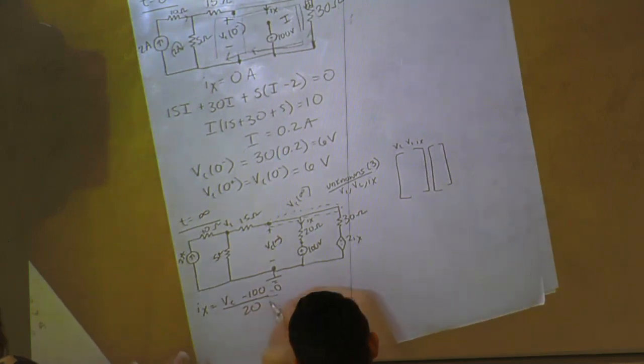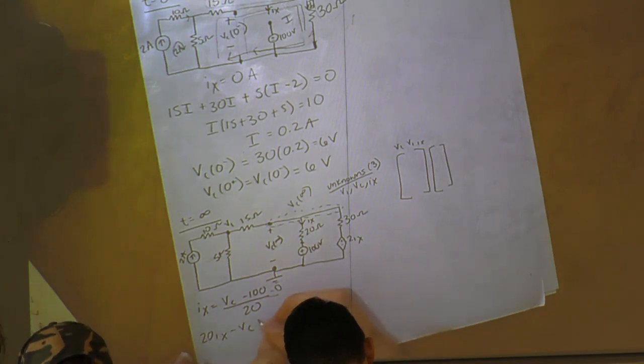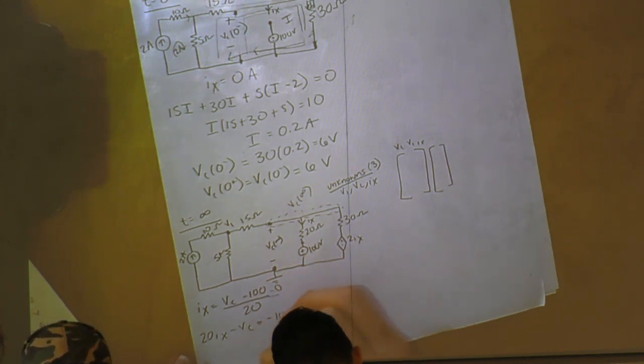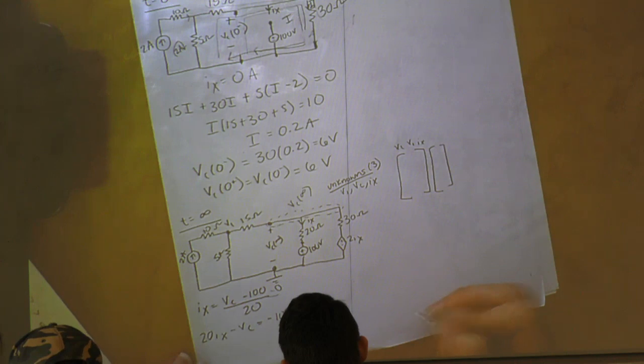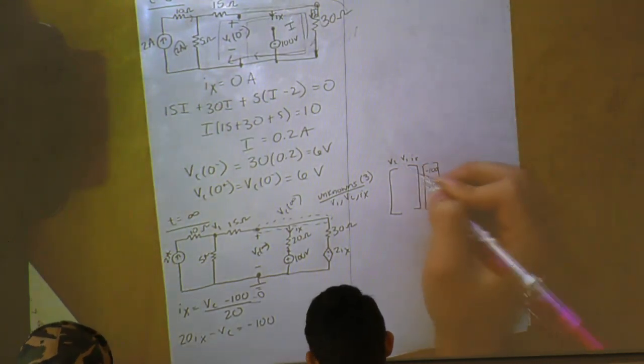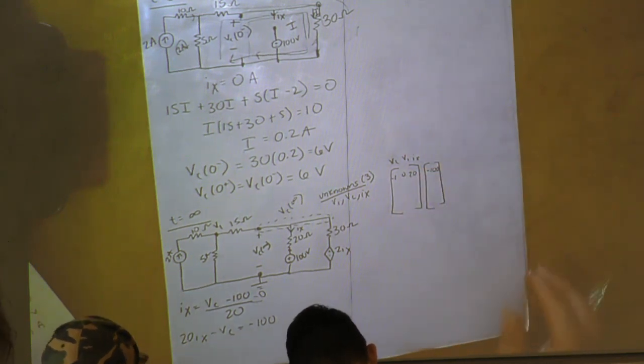So if you multiply over the 20, IX minus VC, so we'll have negative 100, 20, negative 1, and 0.